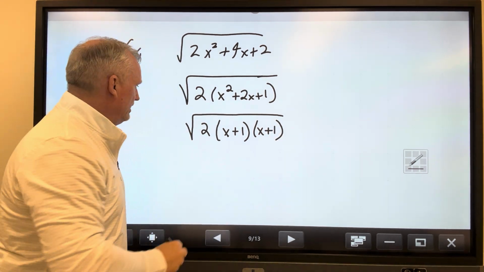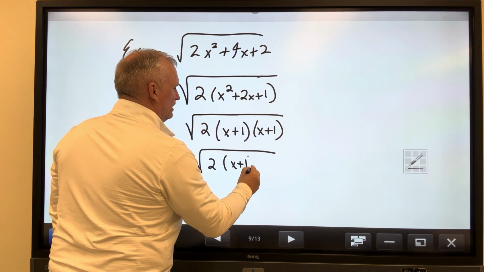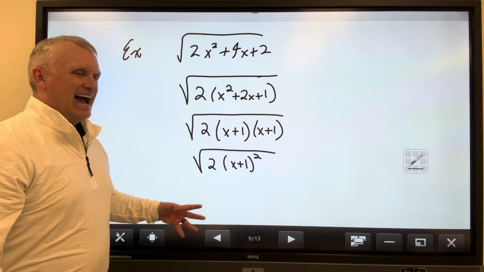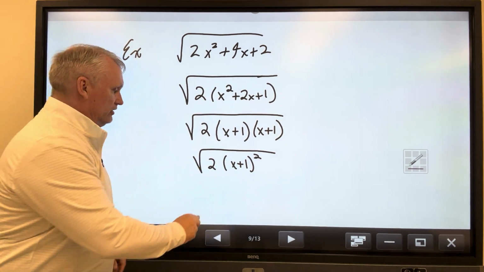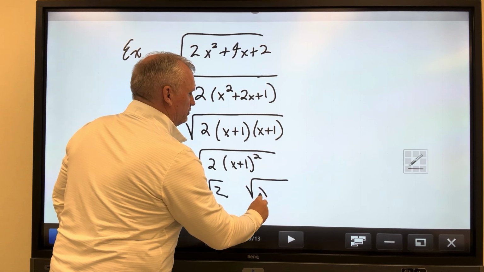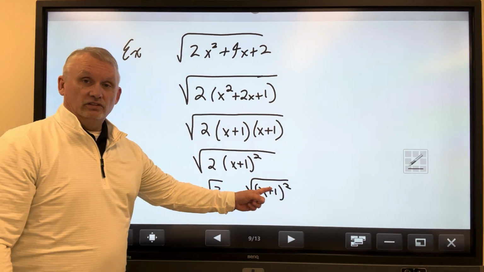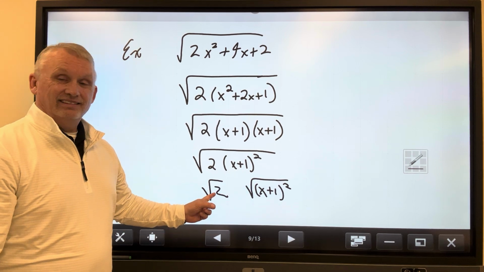Well, what's another way to say that? Well, this is 2 times x plus 1 squared. I can split these apart. Again, the product rule. The square root of 2 and the square root of x plus 1 squared. Well, this isn't bad. Well, this doesn't change.